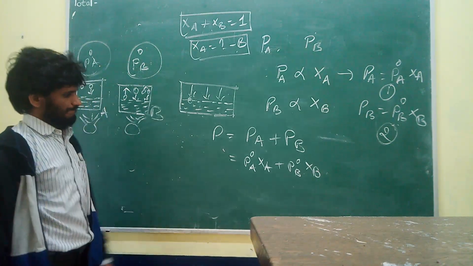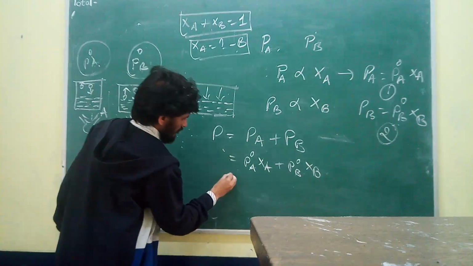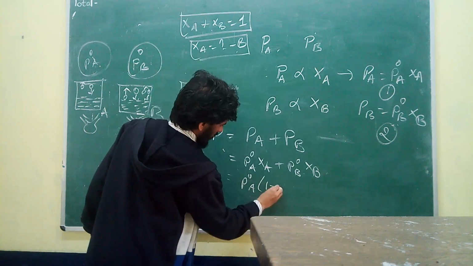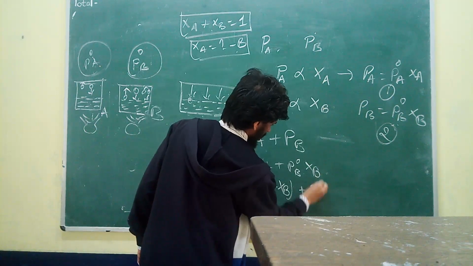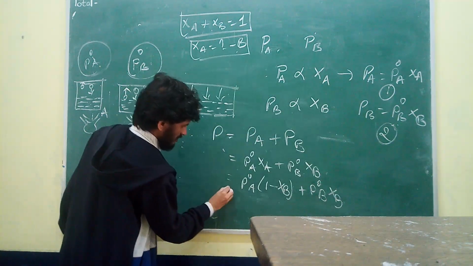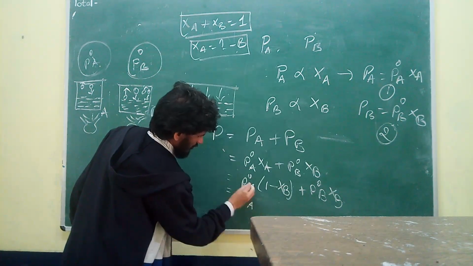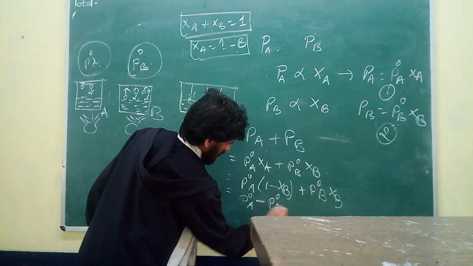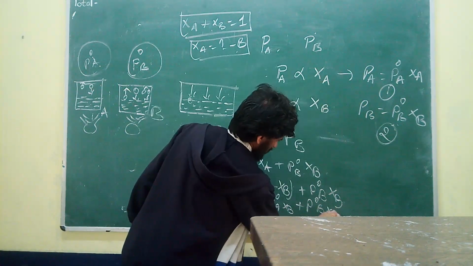Now see here, we are substituting this one: P is equal to P naught A into 1 minus XB plus P naught B XB. We can write it as P naught A into 1 minus P naught A into XB plus P naught B XB.